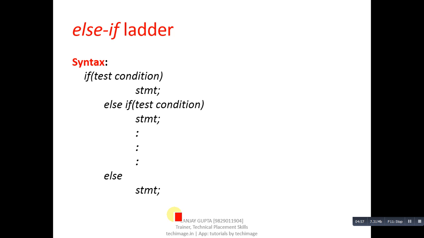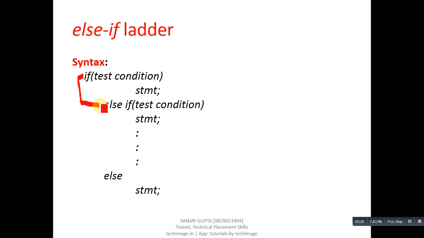There is another syntax, the fourth syntax, the else if ladder. It is also used to check multiple conditions, but while nested if checks another condition when the first condition is true, the else if ladder checks another condition when the first condition is false. This if and else are related.